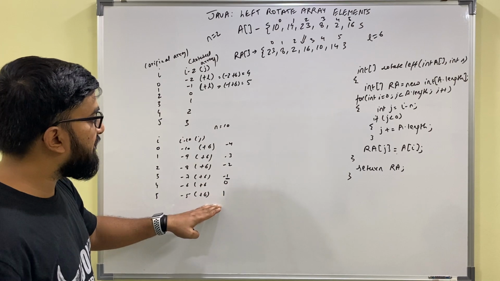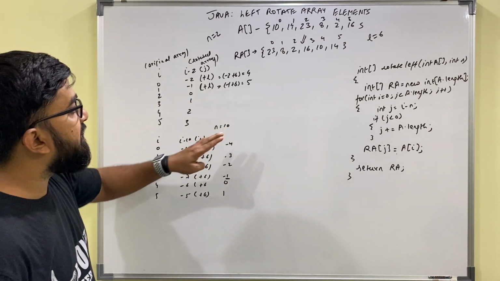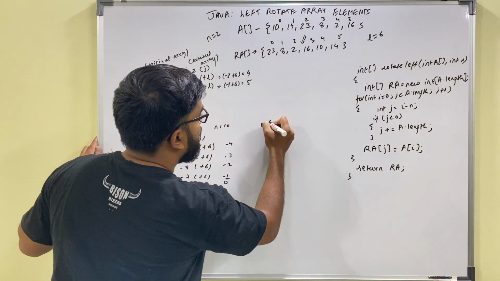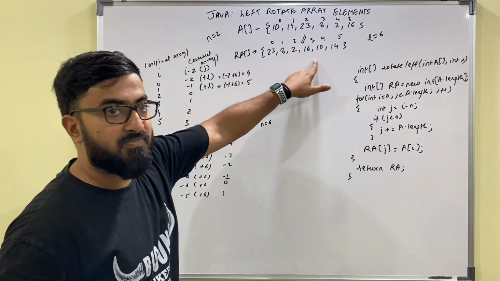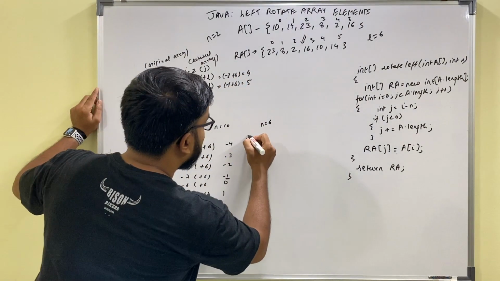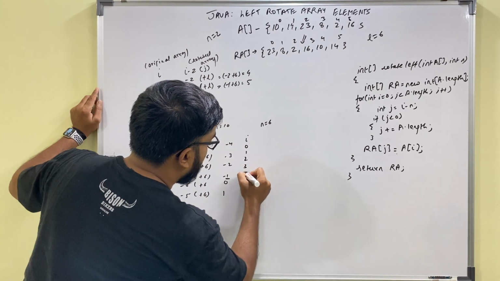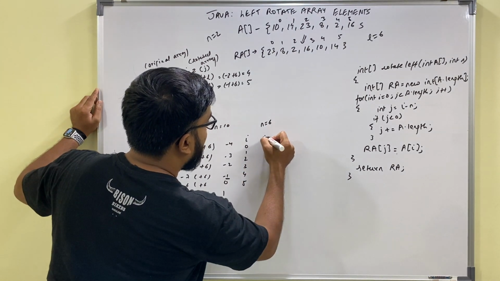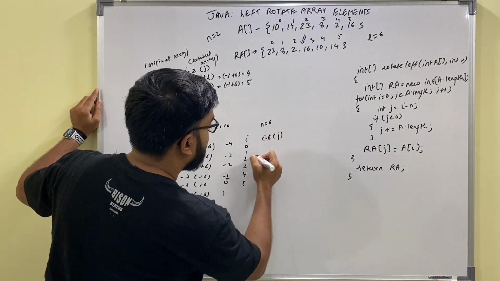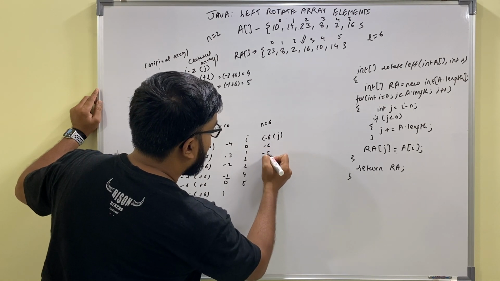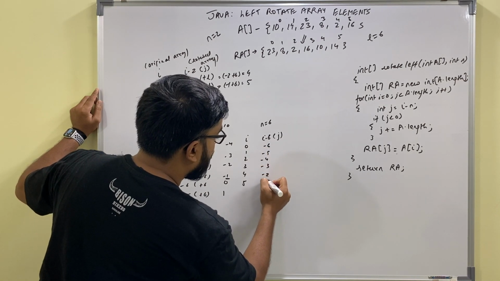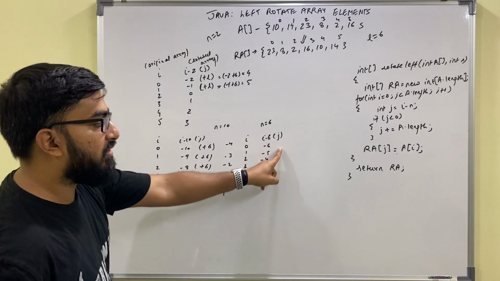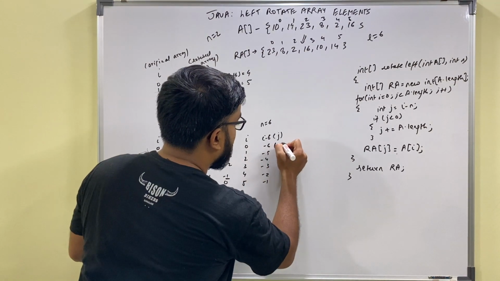Right now this looks tricky, but this is very easy to handle. Suppose n is equal to the length of this array, n equal to 6. I have i as 0, 1, 2, 3, 4, 5, and i minus 6 gives the value of j: minus 6, minus 5, minus 4, minus 3, minus 2, minus 1. Since all the values are less than 0, I add the length to it.